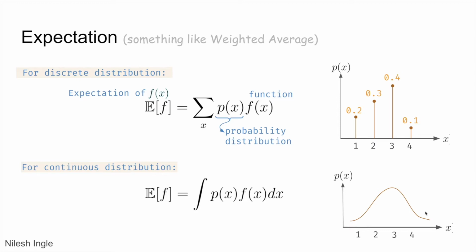So the numbers are continuous, so this could be the height of people. To calculate the expected value, we multiply each of these readings on the x-axis by the corresponding probability values and sum them up. So that's what we see here. And for a continuous distribution, we are taking an integral.